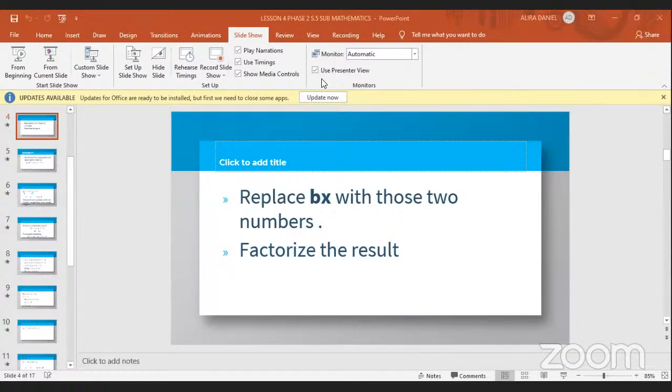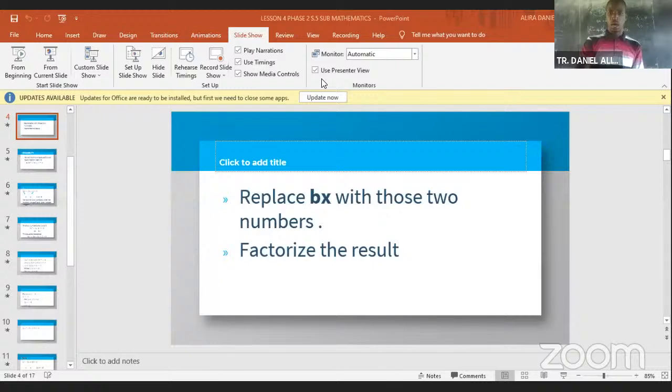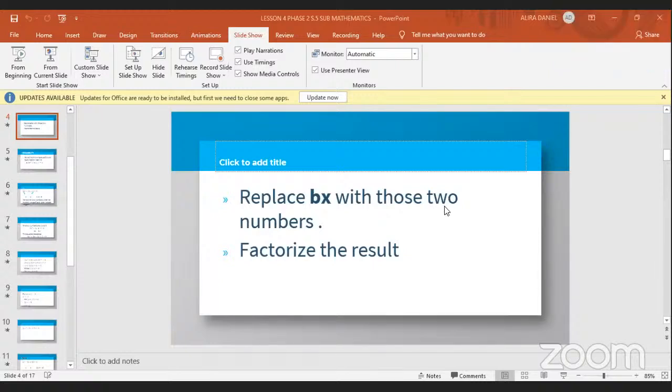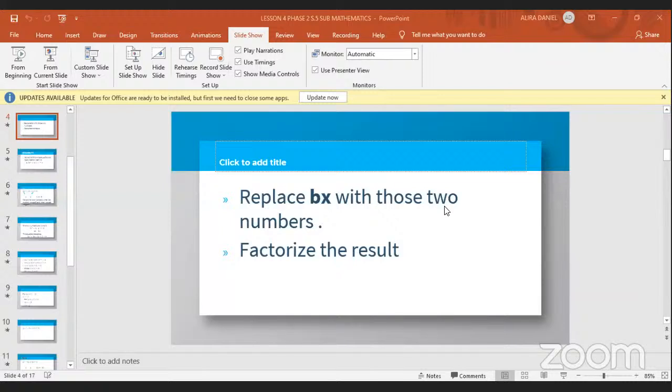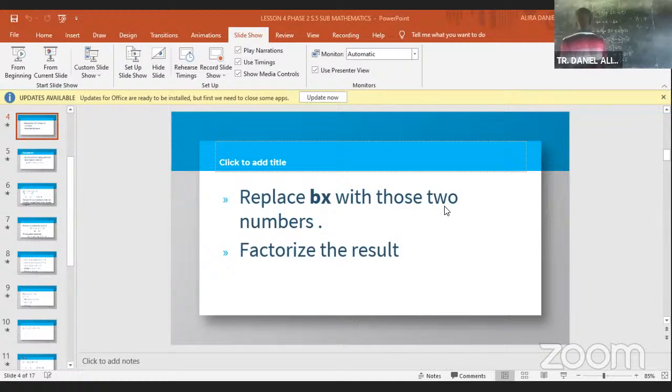Yes. Good. I want to show you how to use the calculator, okay, to solve such an equation. I hope it's a scientific calculator. Good. Now, we're going to use the calculator to solve this equation.